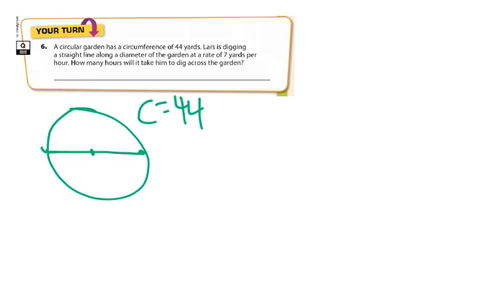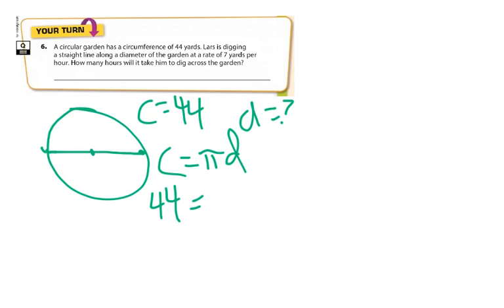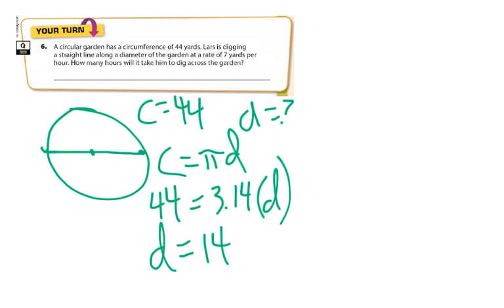We need to find out what that diameter is, and so that's the question first we have to solve. C is equal to pi times our diameter. So 44 is equal to 3.14 times d, our unknown, and that gives us d is equal to 14 and barely any change, like 0.01. So we'll essentially just say 14 yards is our diameter.